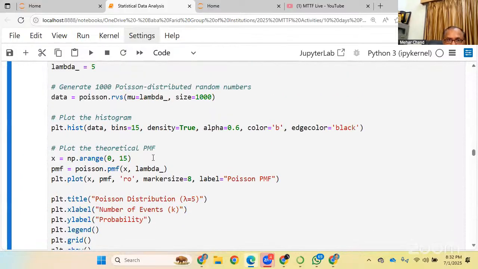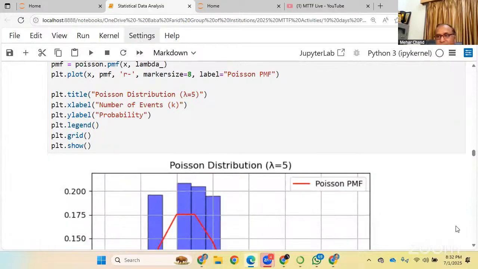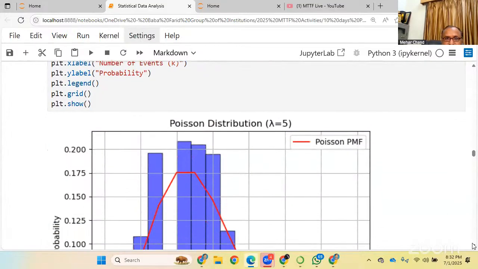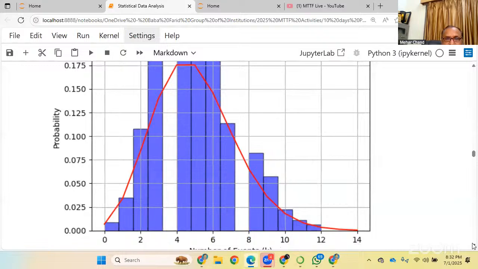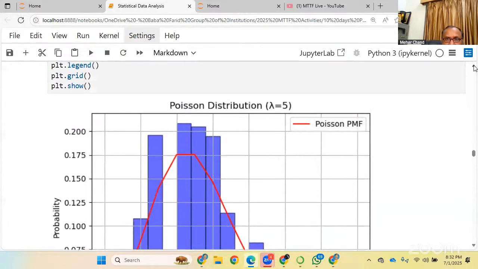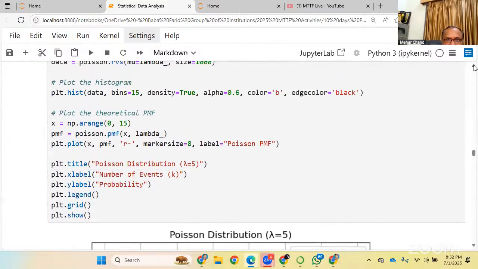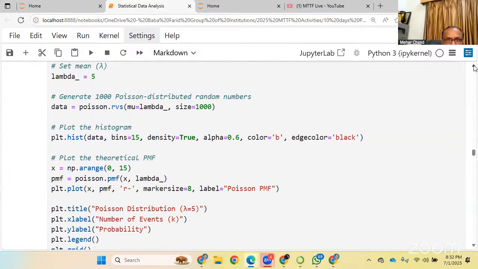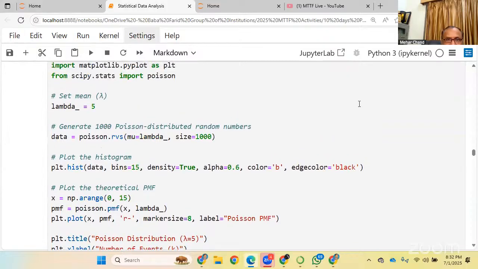We can use, if I make this one, then shift and enter. Yes, see now. And here the points we take, for PMF we arrange 0 to 15, no problem.